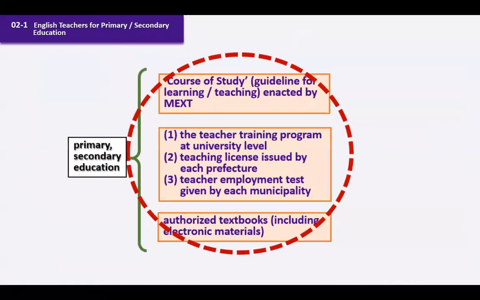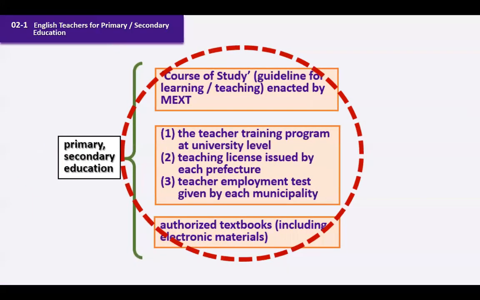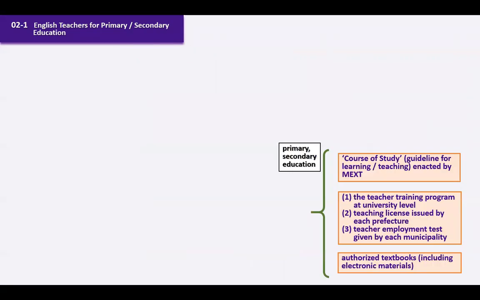I will enlarge this part. Course of study, teacher training program, teaching license, employment test, authorized textbooks. As I do not have enough time to explain everything in detail, the audience who are interested can take the time to read it later.